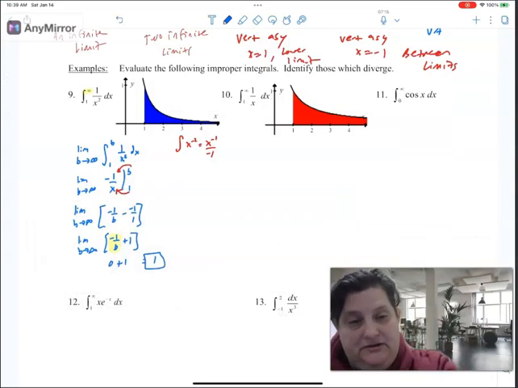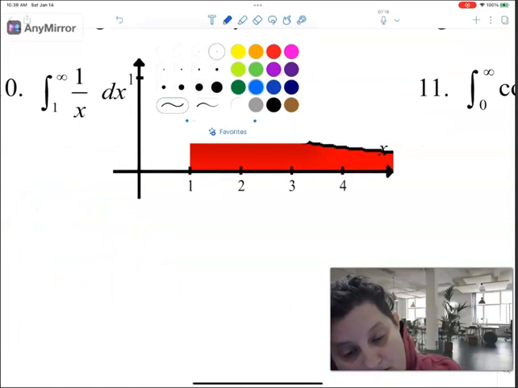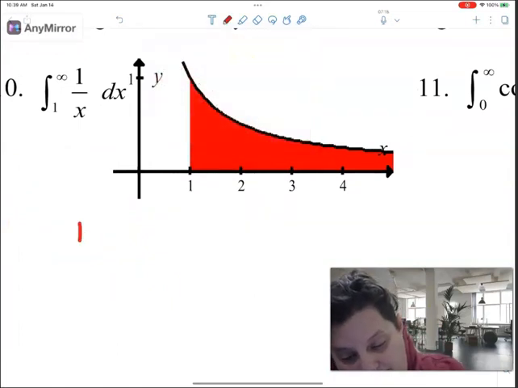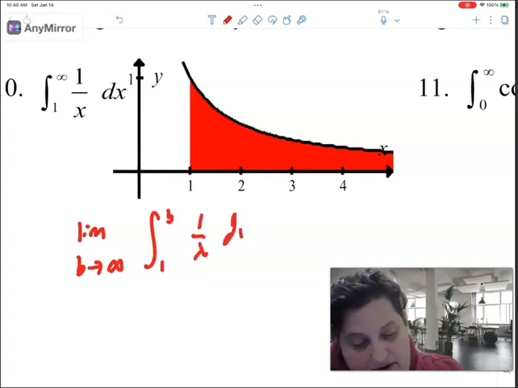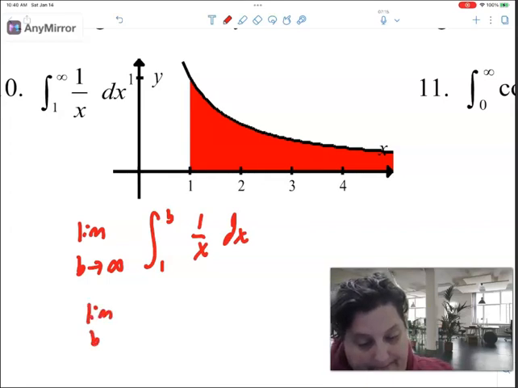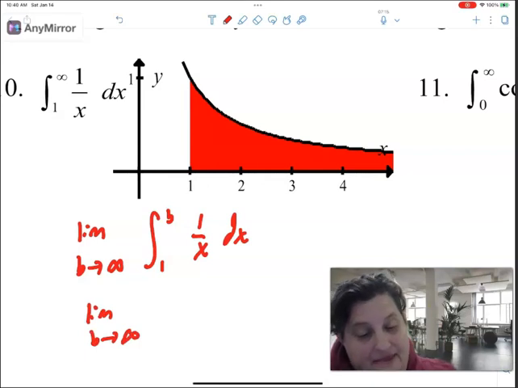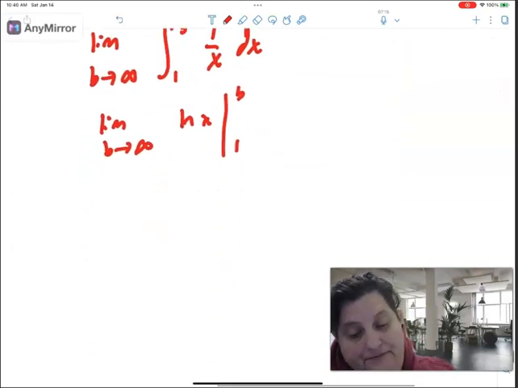Now, let's do the same process with this next one. The limit as b approaches infinity of the integral from 1 to b of 1 over x dx. Well, I need to integrate that. The integral of 1 over x is ln of x, and I'm evaluating it from b to 1.